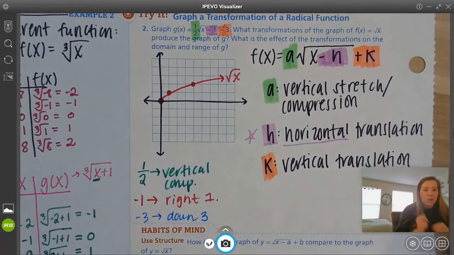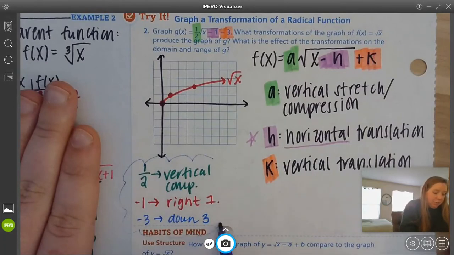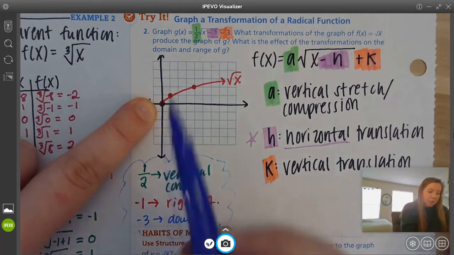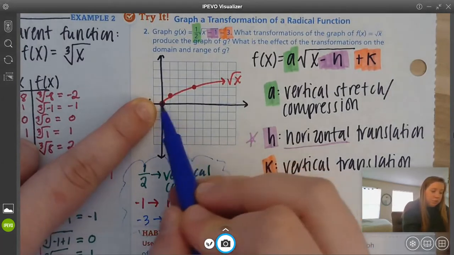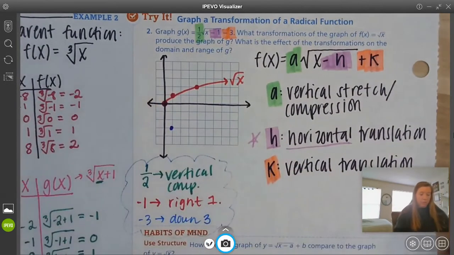All right, so once we identify our transformations of our problem, let's go ahead and graph our function. Our original parent function starts at the origin, but we now know our new function is going to move to the right 1 and down 3. So I always start with that first point.